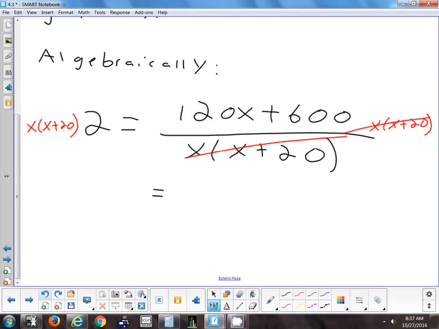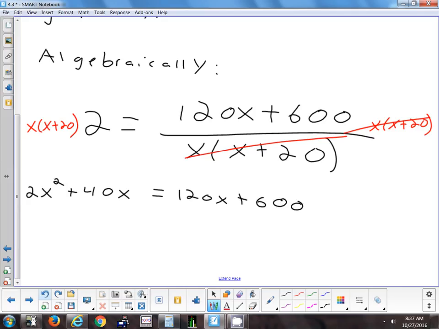You multiply it by x. Yeah, let's get rid of all the parentheses there. So 2x, what's that exponent going to be? Squared, yep, plus 40x. Okay, so really you're just distributing a 2x to everything. So 2x squared plus 40x equals 120x plus 600.